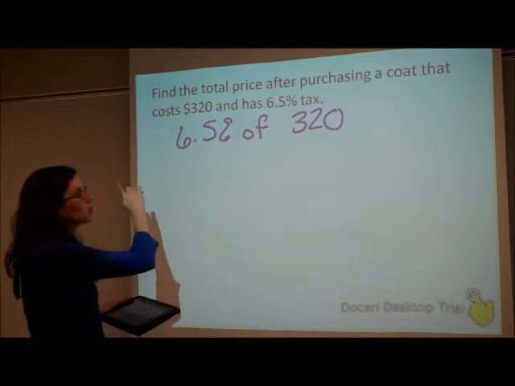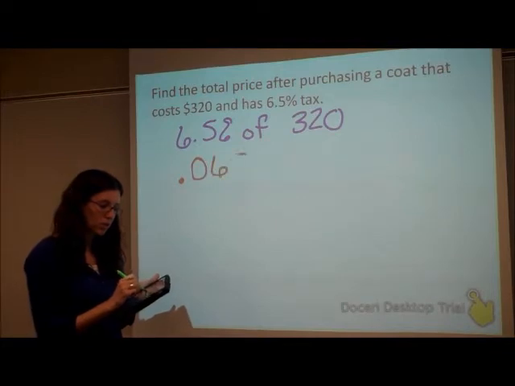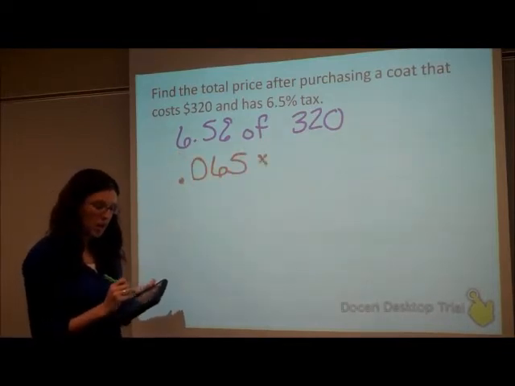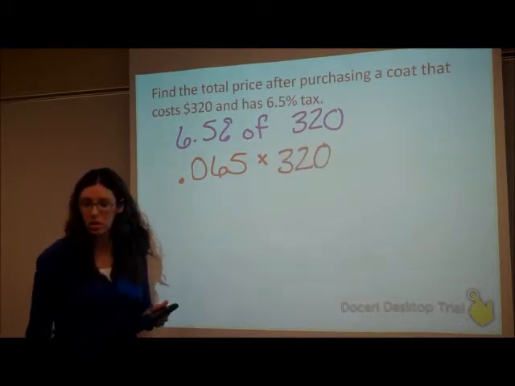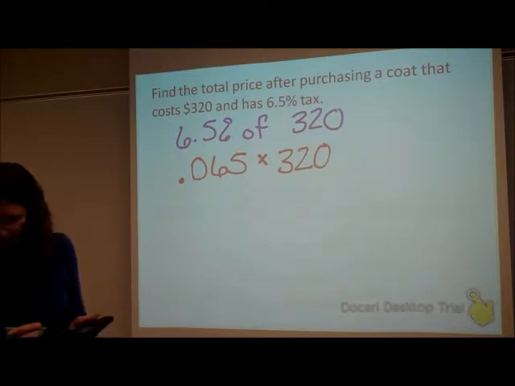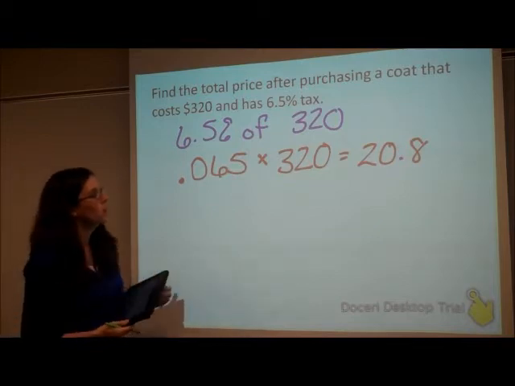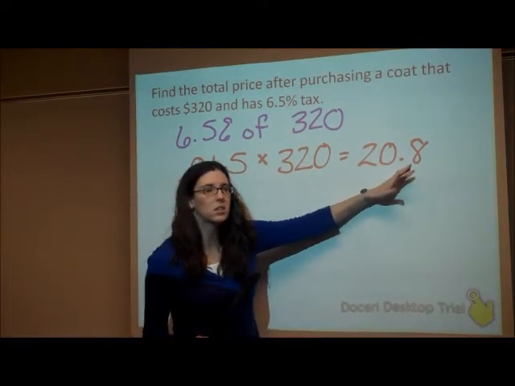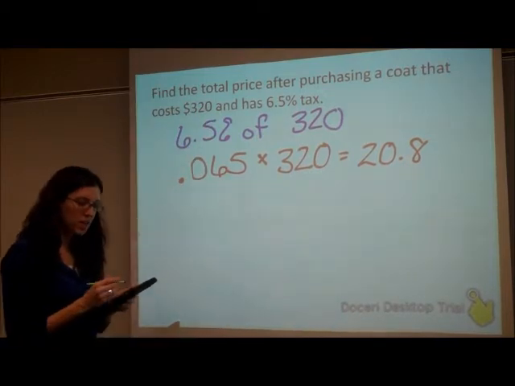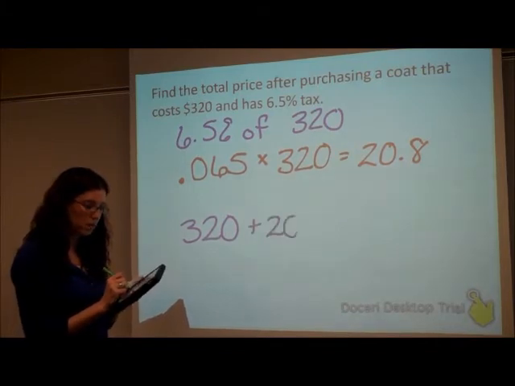So changing this to my algebraic expression, I want to use 0.065, dividing my percent by 100, times 320, the cost of my coat. So multiplying those together, I get 20.8. So this is just my tax. To find the total price, which again is what I've been asked for, I then need to add that tax to my coat price.